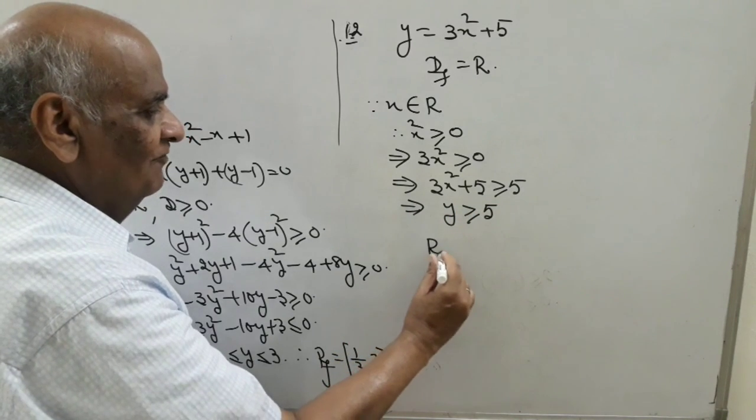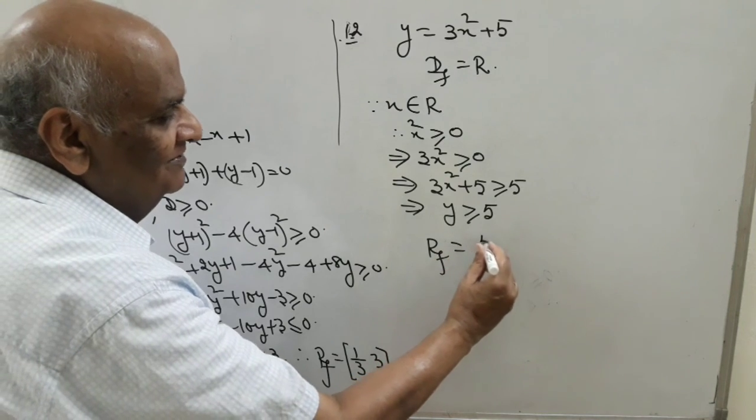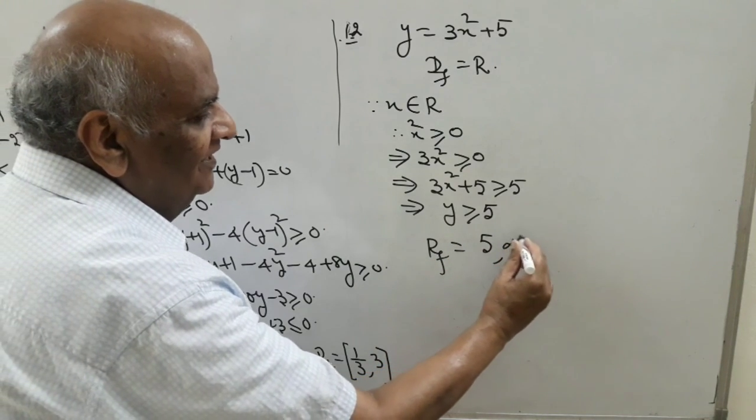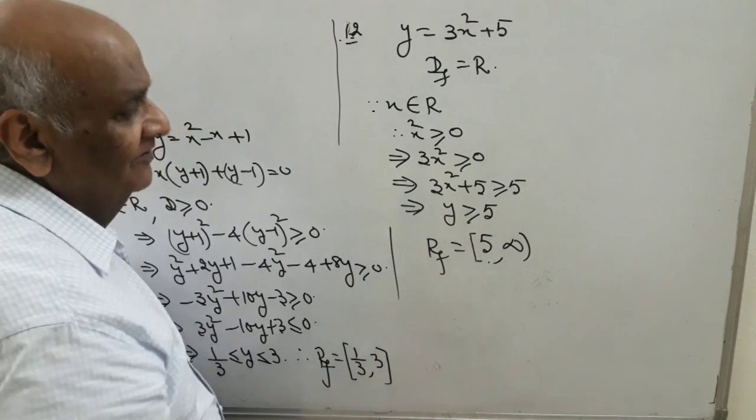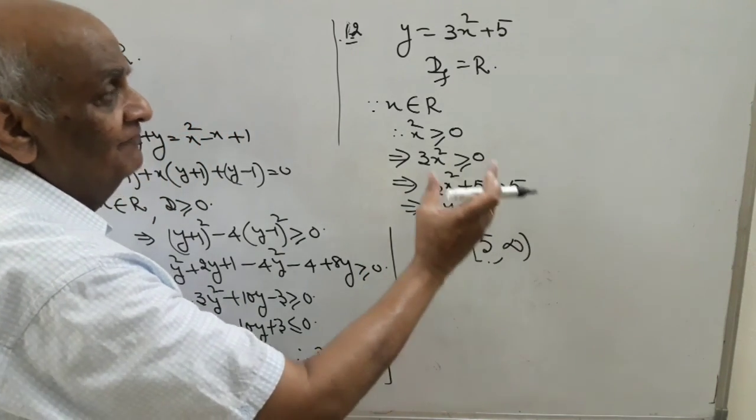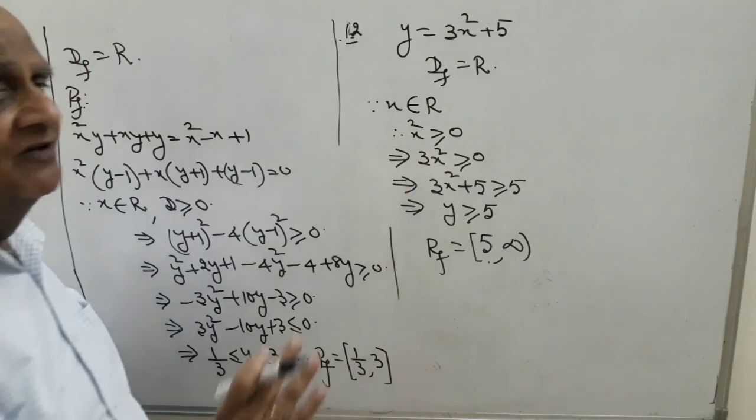Therefore, the range of the function is [5, ∞), closed on the left-hand side.